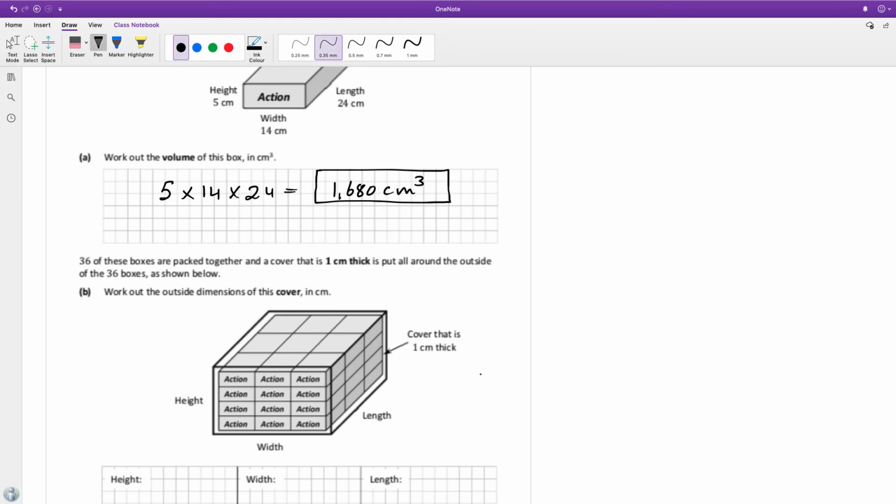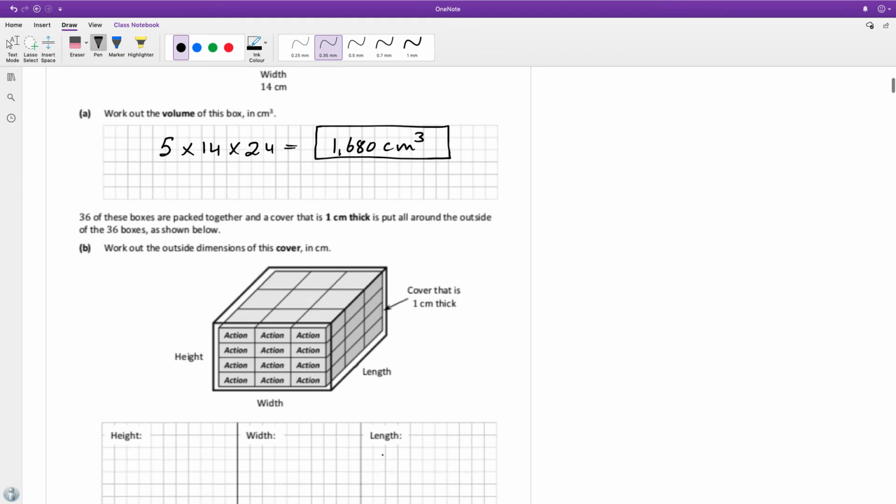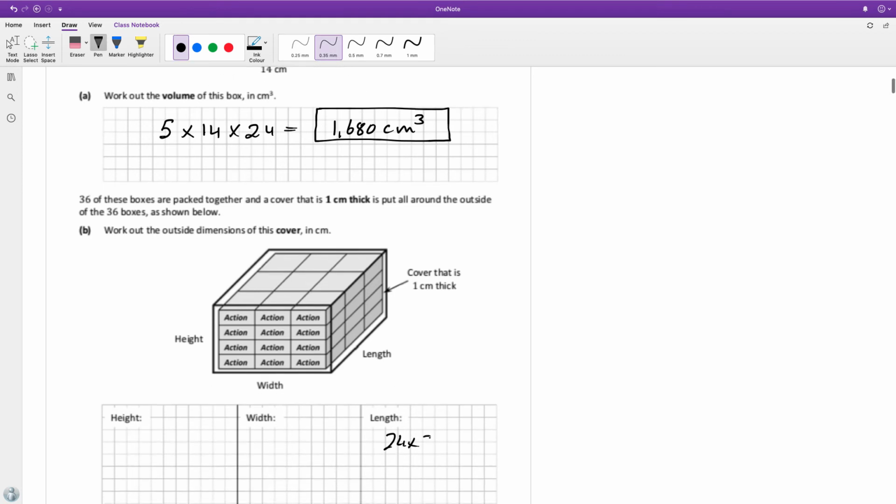Multiply 24 by 3, okay. So we're getting the length, 24 multiplied by 3, which is? So is the length 72? Read the question.